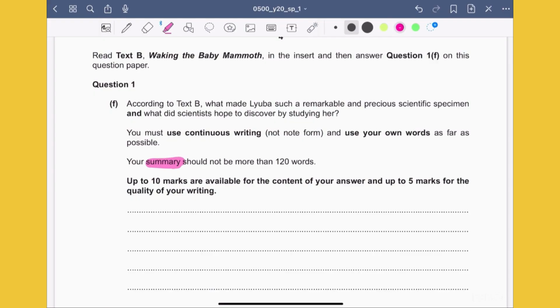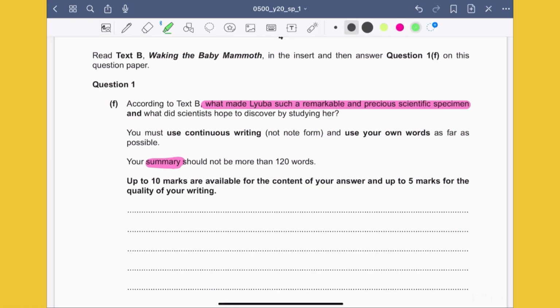Summary question always has 2 parts. As you can see over here, there is an 'and' over here. So what you need to do is first highlight what the first part of the question is asking. What made Lyuba such a remarkable and precious scientific specimen? So you find some points for this question.